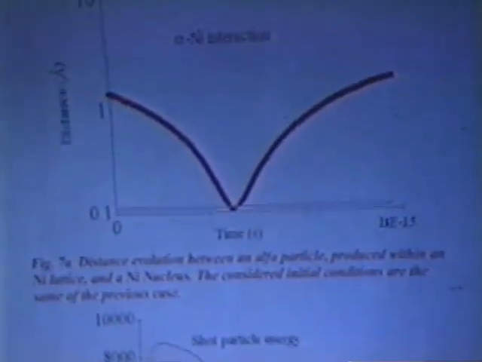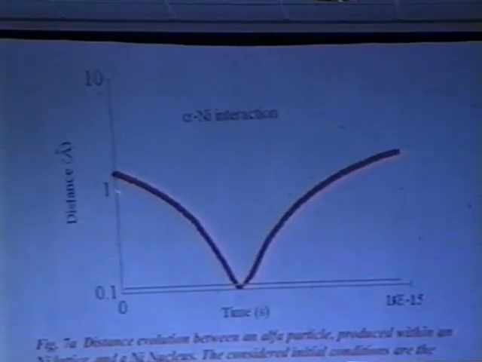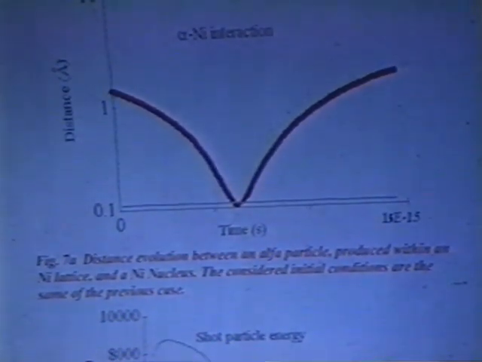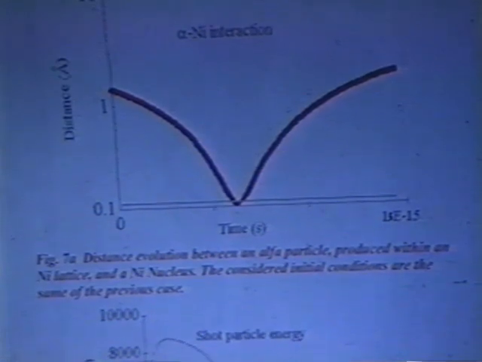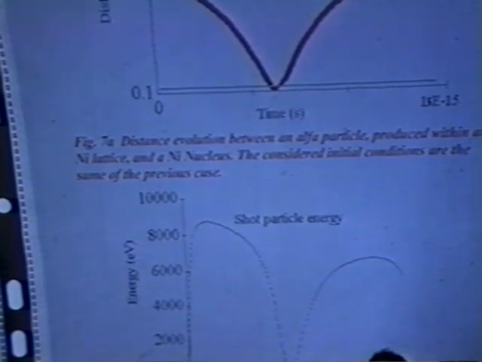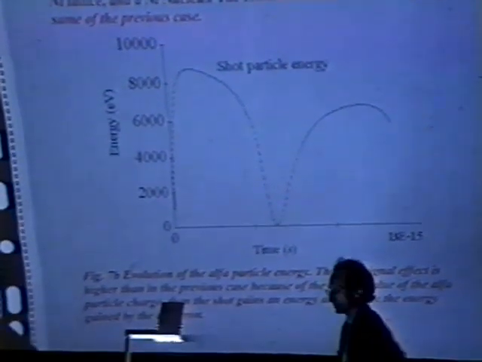The last case is the interaction of an alpha particle that is supposed to be created in the system with the nickel atom. We can see the same behavior because even if the repulsive effect is larger in this case, the effect of the trap force on the charged particles is also higher because the particle is carrying 2 charges instead of 1. And its energy increases above 8 keV.